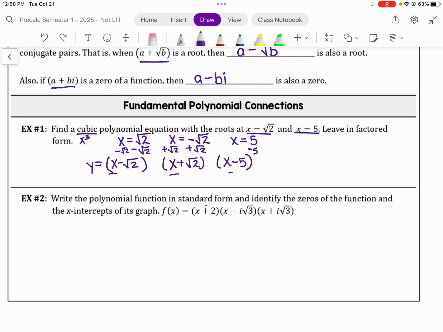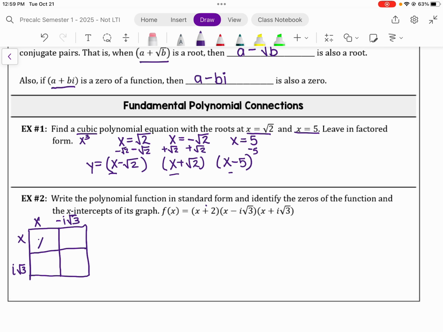But remember that multiplication is associative. So I could actually do x minus i square root of 3 times x plus i square root of 3. I'm doing box method over here for those of you who haven't figured it out, because this will actually make it simplify nicer.